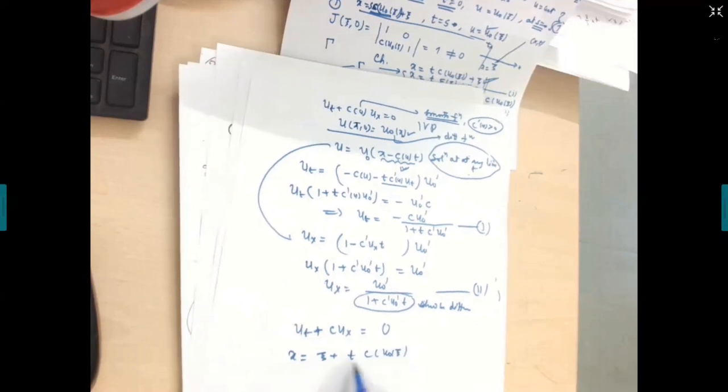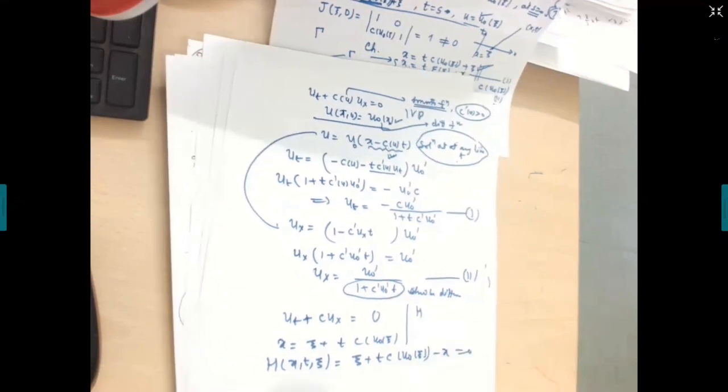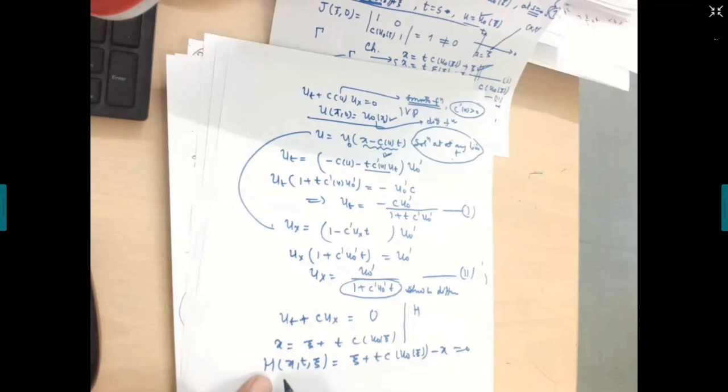I can write this as h, a function of x, t and xi, in the form t times c of u naught xi minus x, equal to 0. So h vanishes at this point x, t, xi.